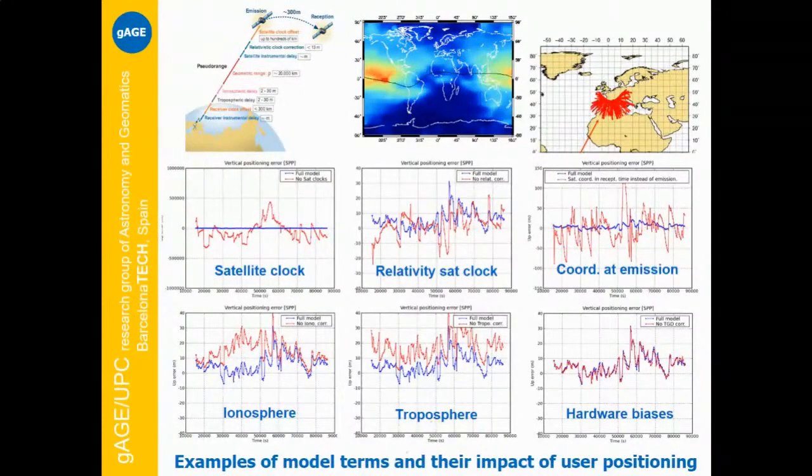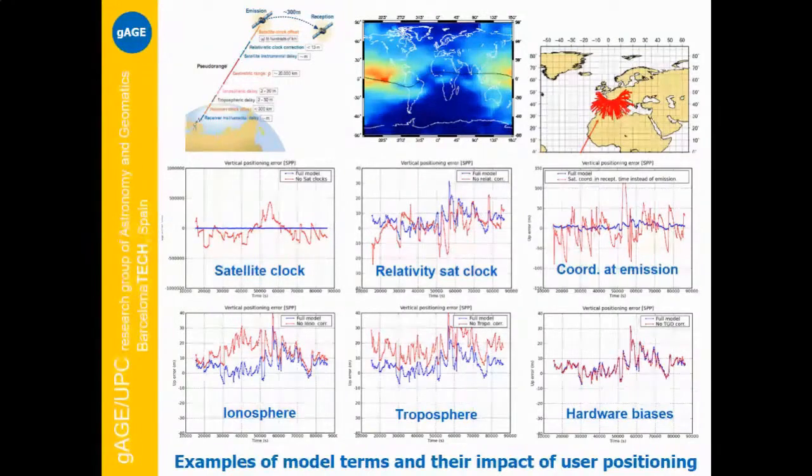Then we have the ionospheric delay that is very variable. It has a strong dependency on the time, the geographical location, the solar cycle, and so on. We have the tropospheric effect, the tropospheric delay, that is from the lower layer of the atmosphere, and then we have biases.